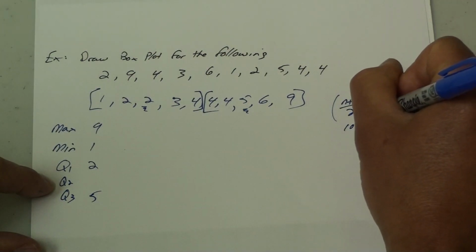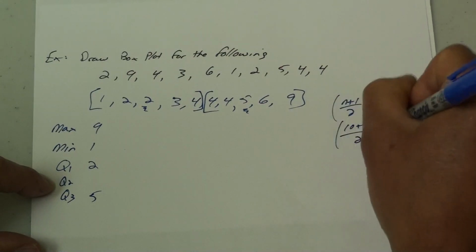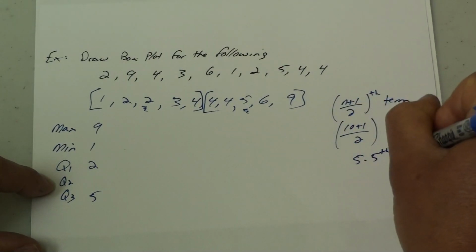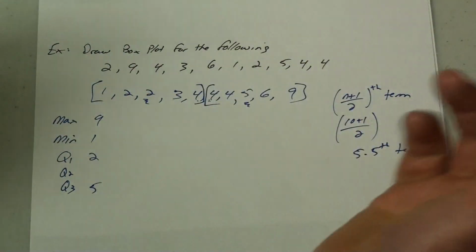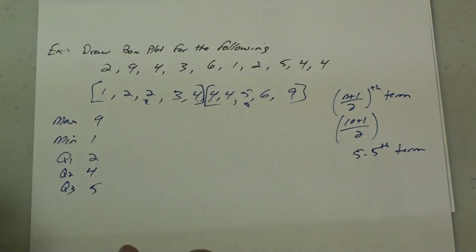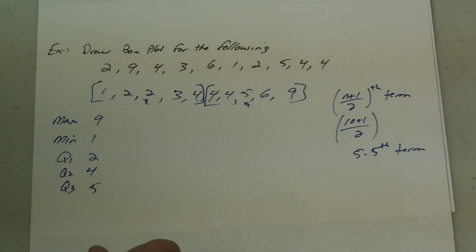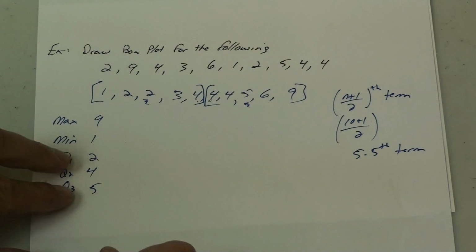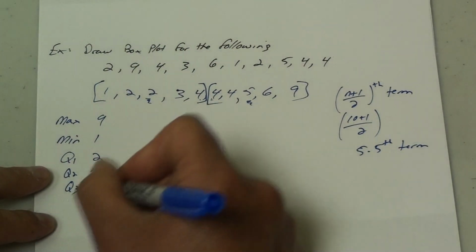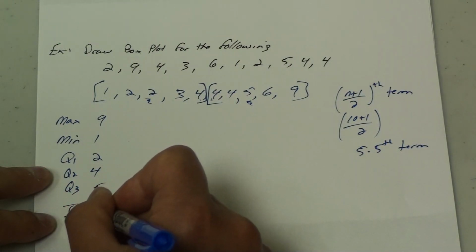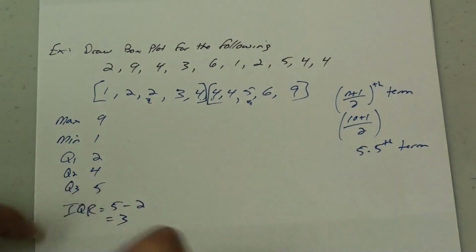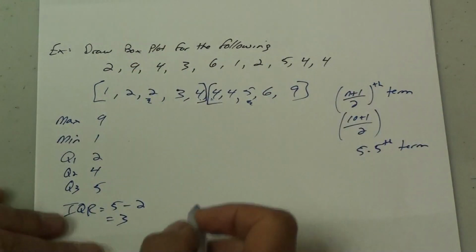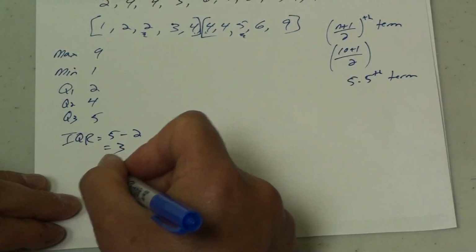So 10 plus 1 divided by 2 is the 5.5th term. Between the 5th and 6th terms, 4 and 4, it's still a 4. Obviously, the middle is a 4. My IQR I can calculate as Q3 minus Q1, which is 3. My range was 8. I didn't need all that though.